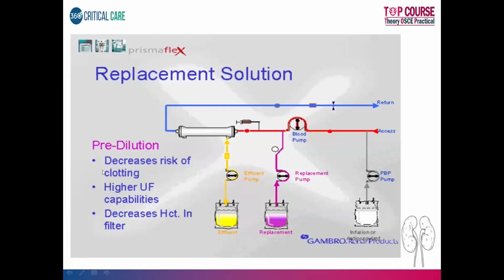If you give the replacement fluid pre-filter, you decrease the risk of clotting because you are decreasing the hemoconcentration in the filter. You can achieve higher UF capabilities, but the disadvantage is that you decrease the hematocrit in the filter, so the patient also receives less hematocrit. That is a disadvantage of pre-dilution.